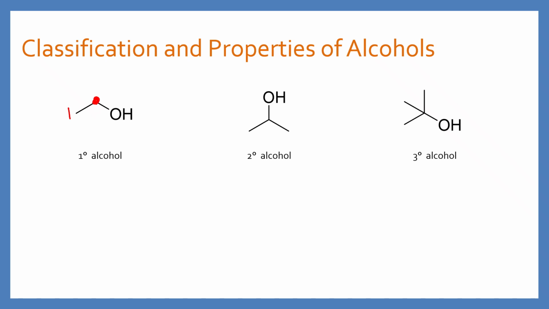In my next molecule, the alcohol is on a carbon that is attached to two other carbons. That makes this a secondary alcohol. In my last molecule, the carbon that has the alcohol on it is attached to 1, 2, 3 other carbons. That makes this a tertiary alcohol.